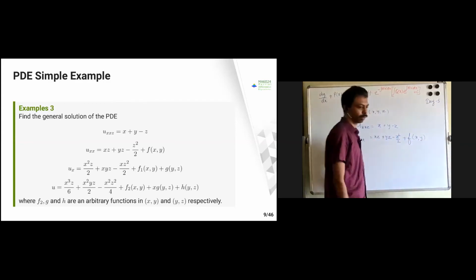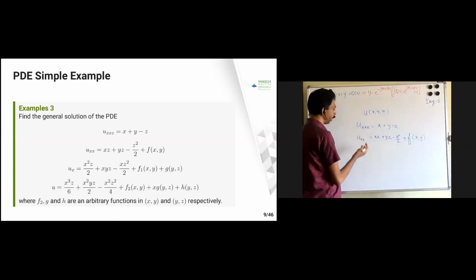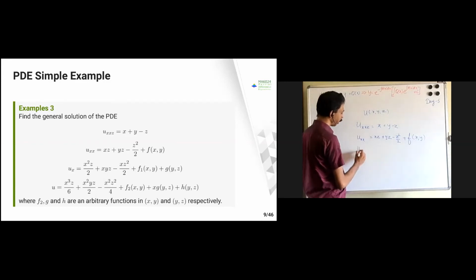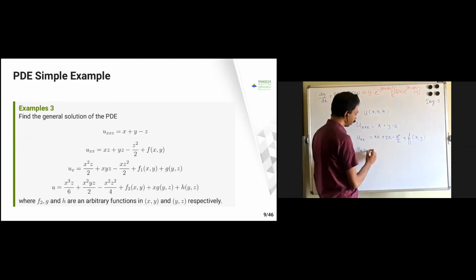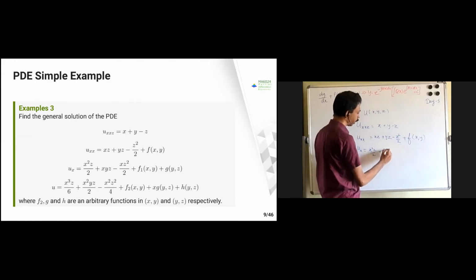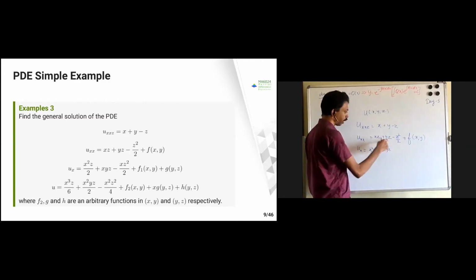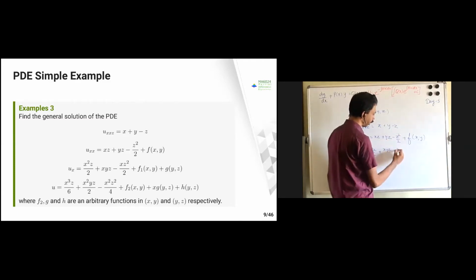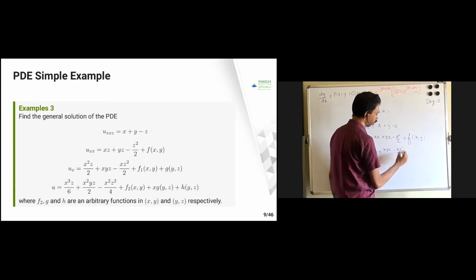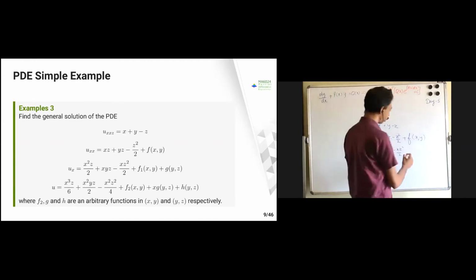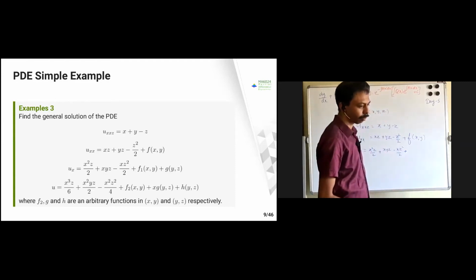Now again I integrate this one with respect to x. Then this will become ux. This is going to become x square z by 2, and this will become xyz, because y and z are constant. And this again constant: xz square by 2 plus f of y, z.